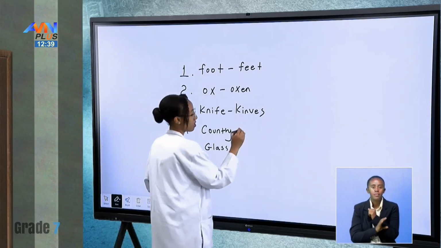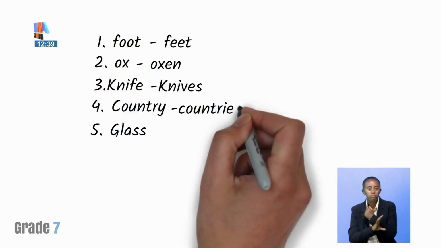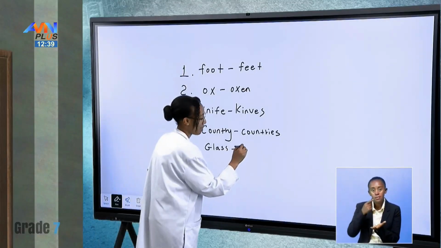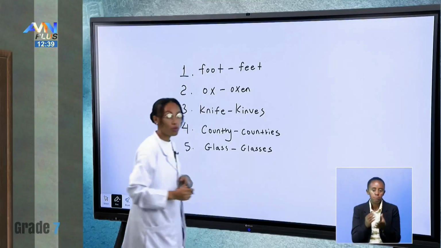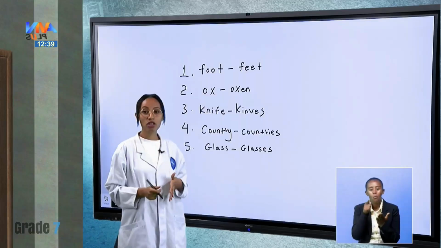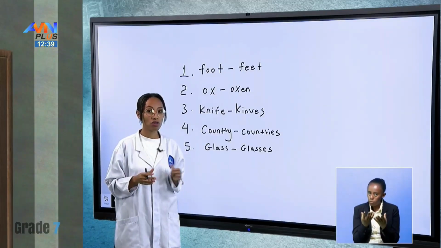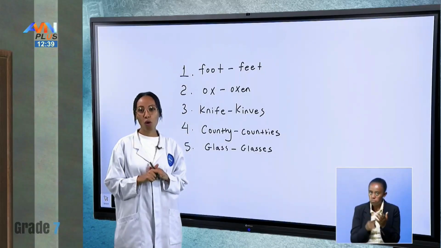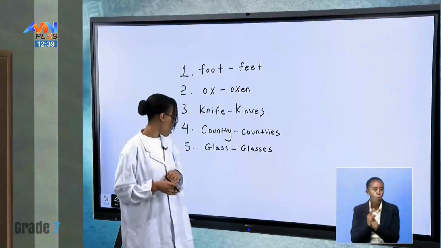Country becomes countries. And glass becomes glasses. So this is how we pluralize some nouns from their singular forms. And I'm sure you all did a really good job and you all got the correct answer.